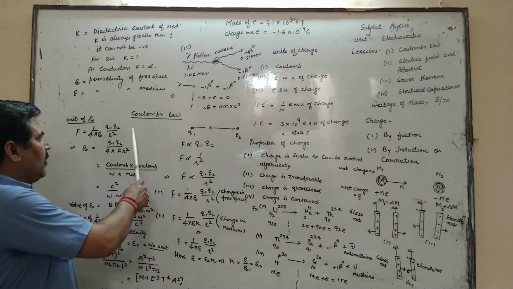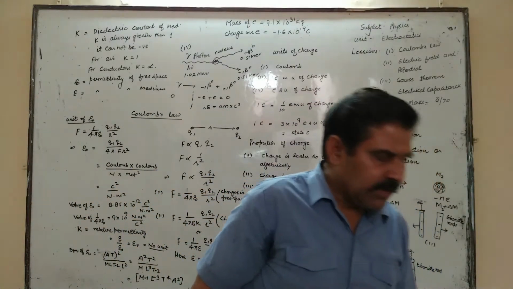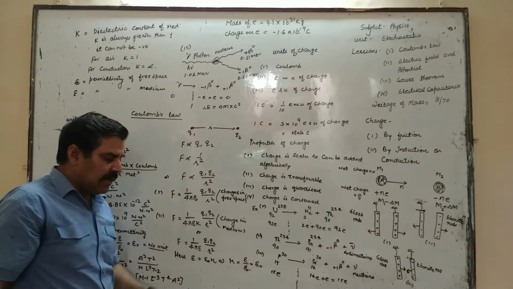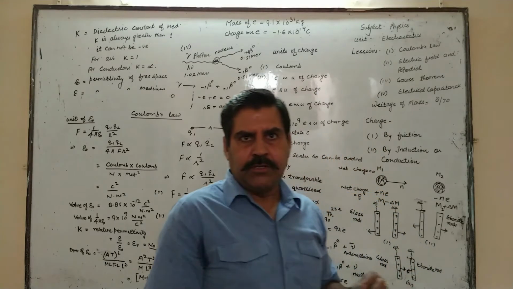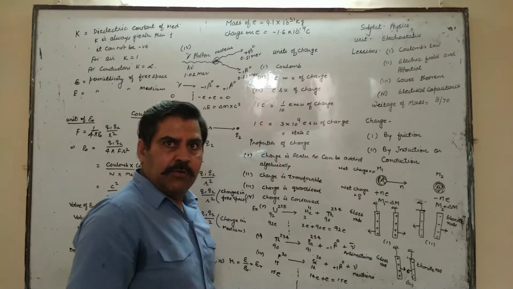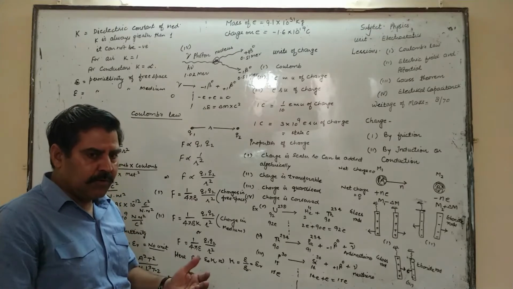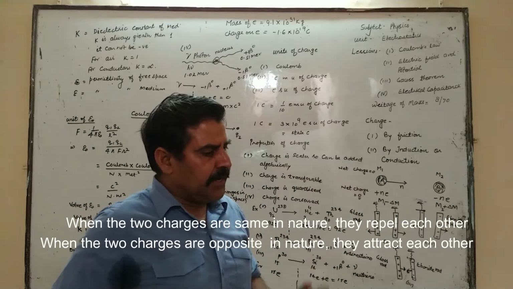Now Coulomb's law. Dear students, Coulomb's law gives the numerical value of electrostatic force acting between two charges. We say when the two charges are alike, they repel each other.